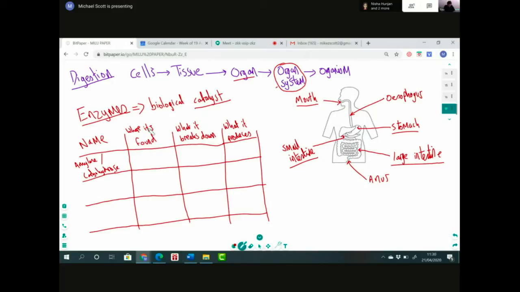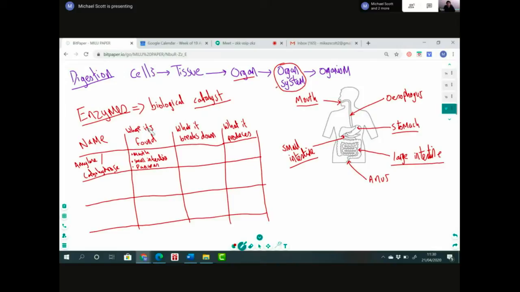Now, we find amylase or carbohydrase, remember they're both the same thing, either in the mouth, we can find them in the small intestine, and we can find them in another organ, although it's not involved in digestion. This organ does produce a lot of the enzymes that work in digestion, and that is the pancreas.